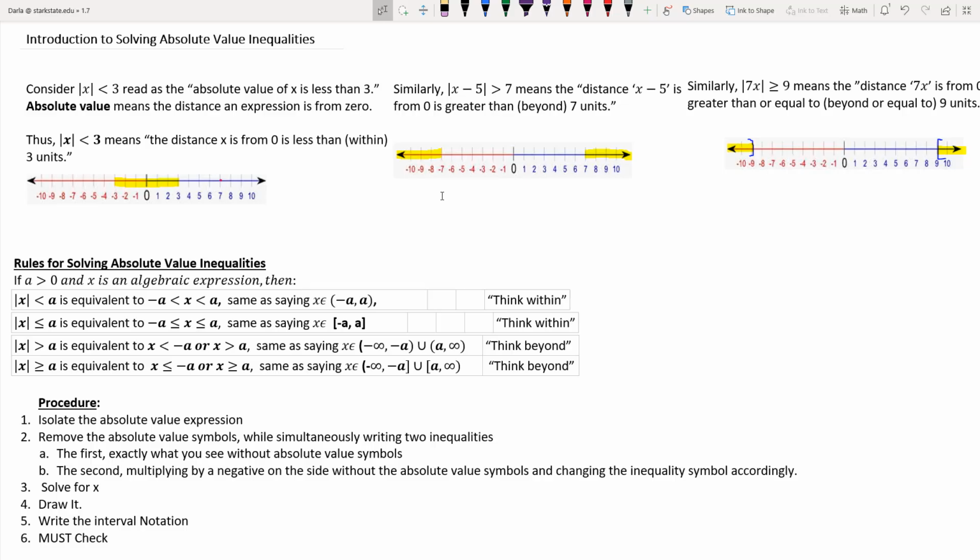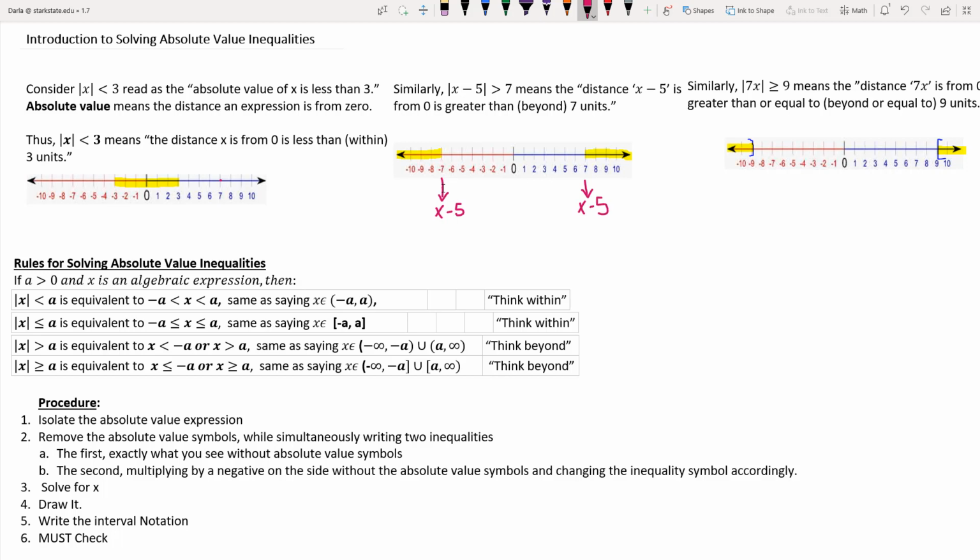So continuing with that idea, let's take a look at the example, the absolute value of x minus 5 is greater than 7. This means the distance x minus 5 is from 0 is greater than 7 units or beyond 7 units away. So if we were at 7 units, that would put our x minus 5 at -7, and that would put our x minus 5 at +7.